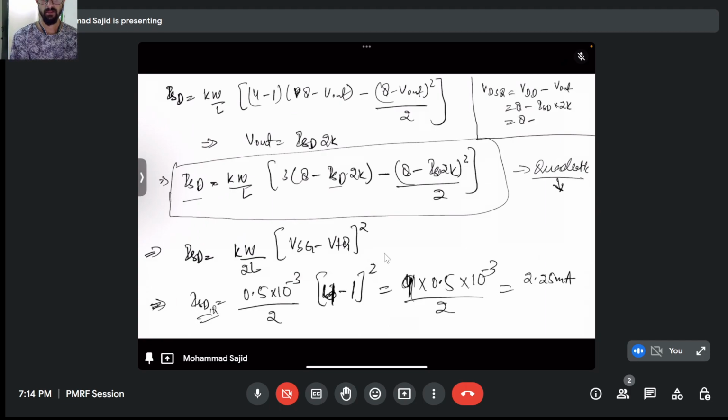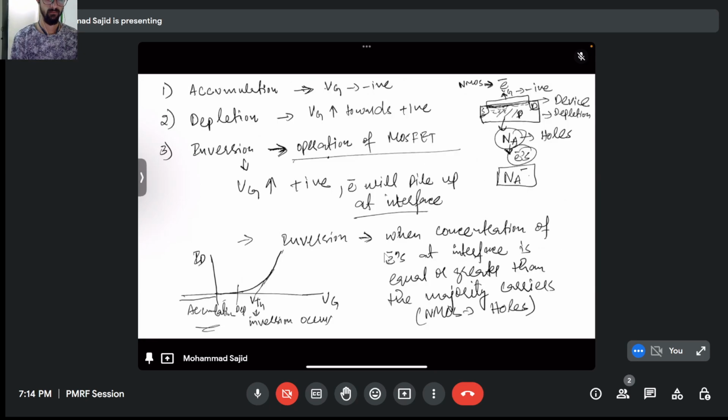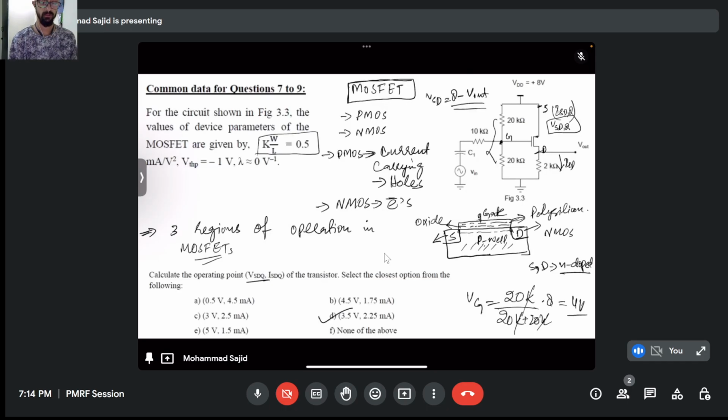That is 8 minus 2.25 into 2K. Solve this, you will get VDSQ 3.5. Options please. VDSQ is 3.5 volt and this is the D option, right? So this is how you solve this question.